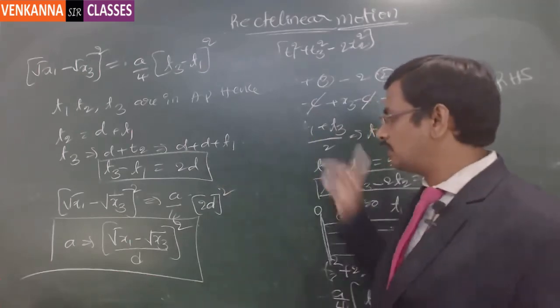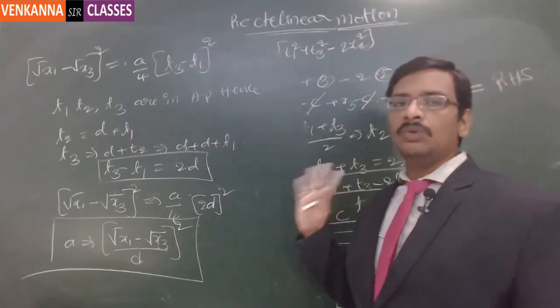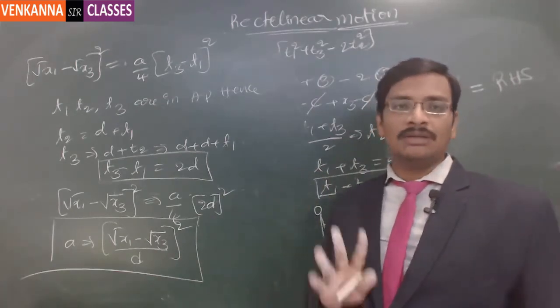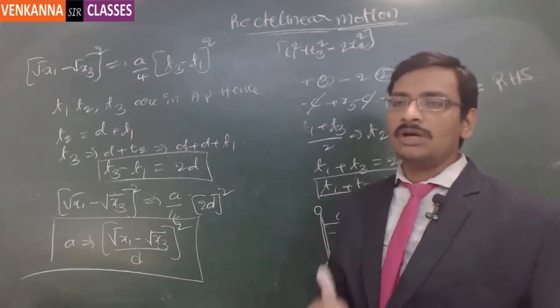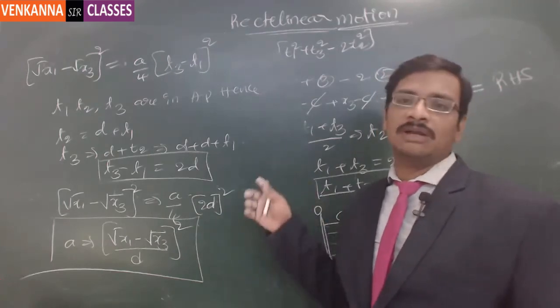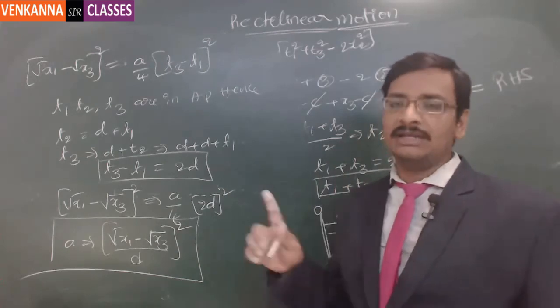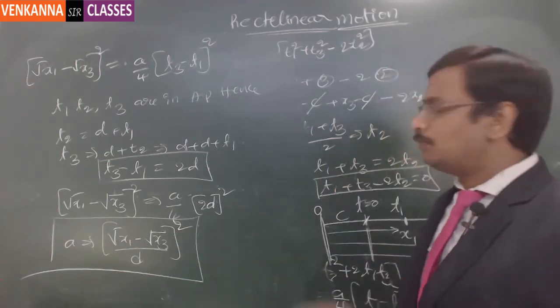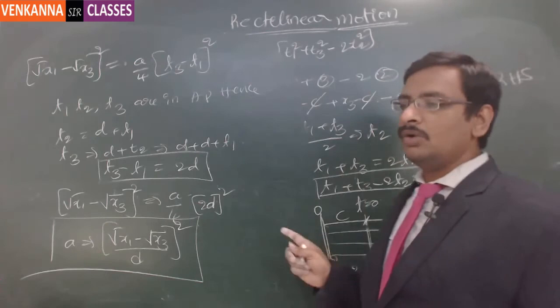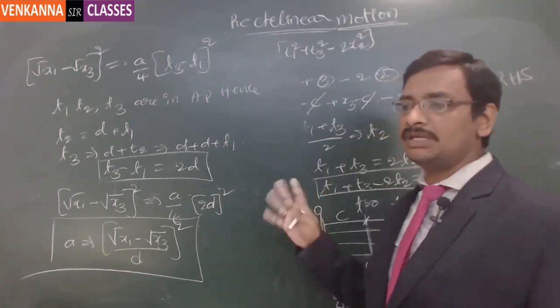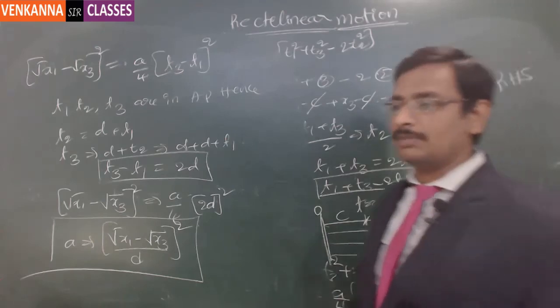In the entire context, we are trying to simplify with the known relations, nothing more than that. But the concepts are only a few. That's what I have explained within the first 10 minutes of the class. So that 10 minutes itself is the rectilinear motion complete class. But you have to know all these simplification parts and interpretation of each and every word into the mathematical format. Got it?